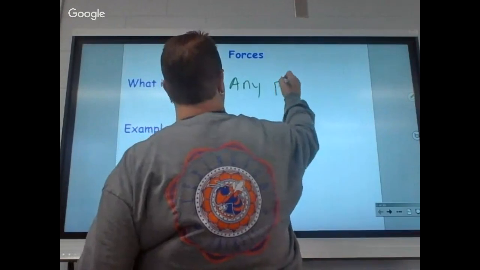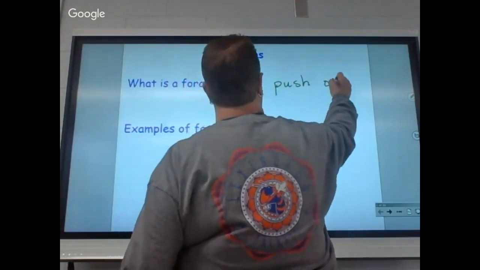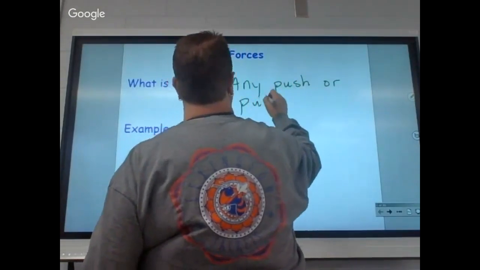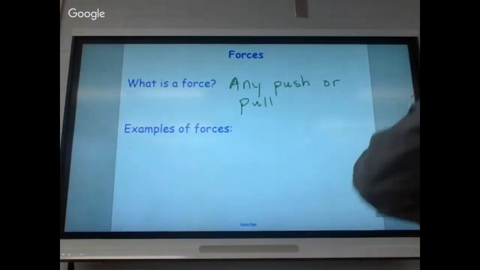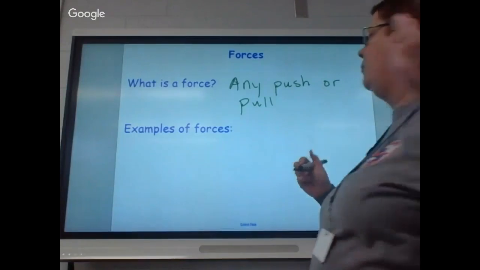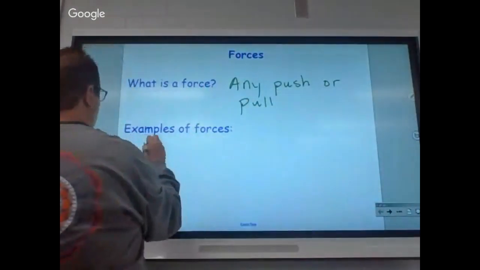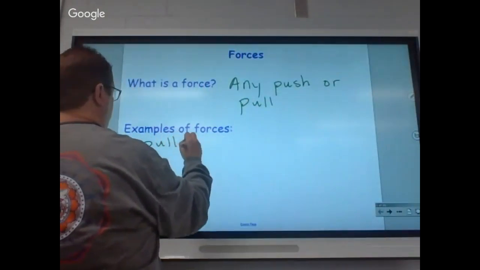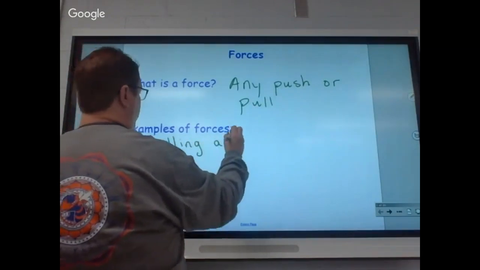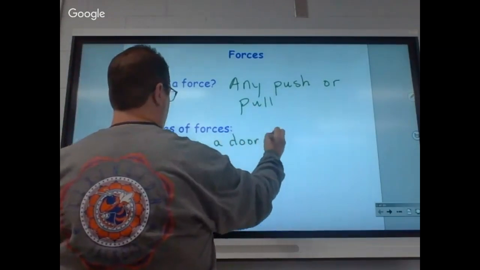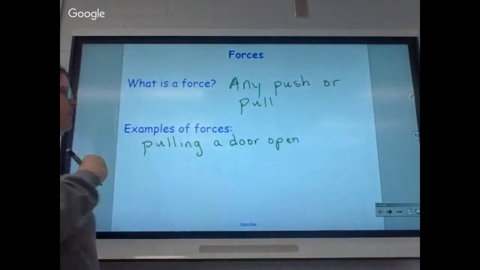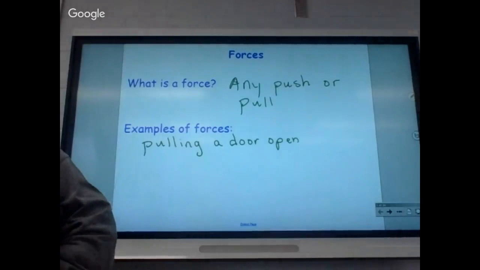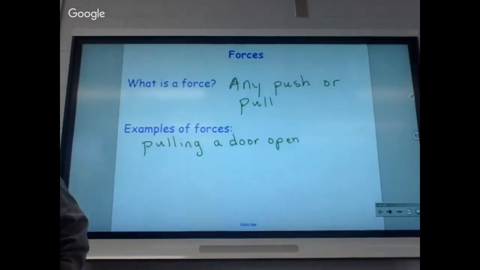It's any push or pull. Now, usually when I ask for examples of this, people can tell me things like pulling a door open, or something obvious like pushing down on something.